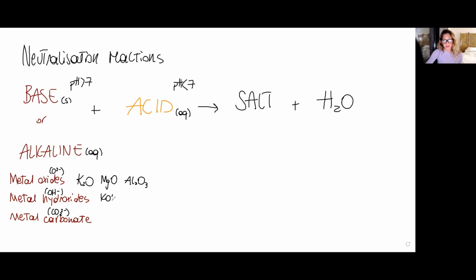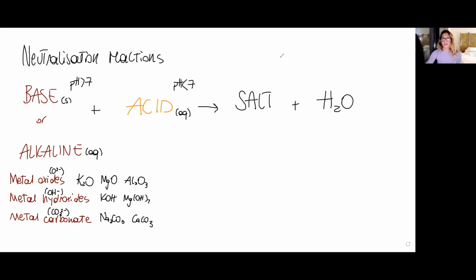Metal hydroxide would be KOH. Magnesium hydroxide would be with the bracket, and so on. Metal carbonates, again considering the charge, could be sodium carbonate, calcium carbonate. All of those are alkalines or bases, depending on their solubility.